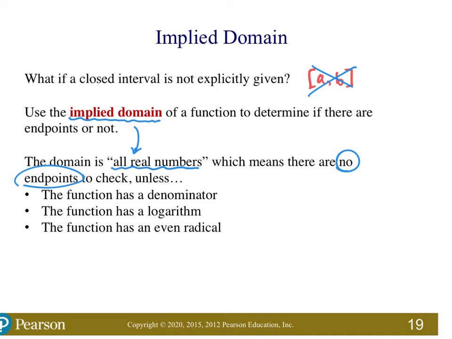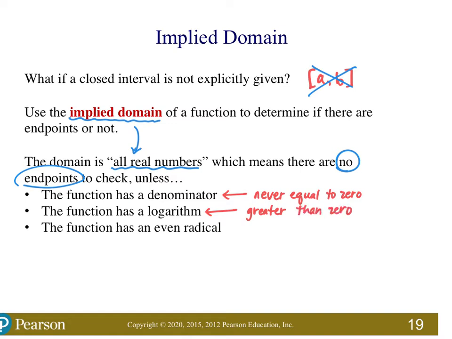So 3 things to look for. Does the function have a denominator? If so, the domain is not all real numbers, and you'll have to figure it out. And remember, denominators are never equal to 0. That's one of the rules. You shall not divide by 0. You shall not have 0 in the denominator. All right, if the function has a logarithm, that's another case where it's not all real numbers, and those always must stay greater than 0.